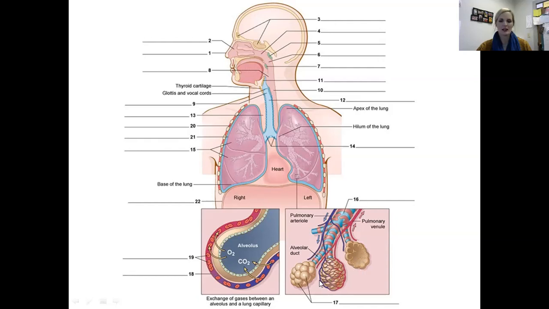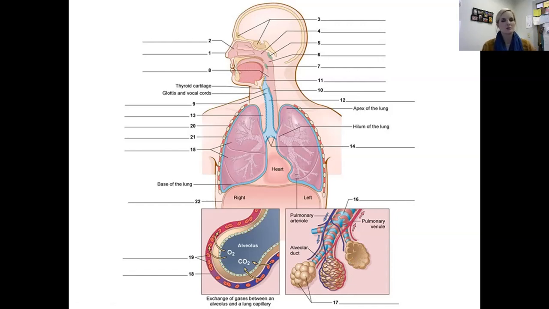Once that air reaches the alveolus, it will push up against the wall of the alveolus, forcing oxygen out of the alveolus and into our capillaries, number 18. It's being picked up by our red blood cells in number 19, and now that oxygen is on its way first to our heart to be pumped through the heart, and then to the rest of our tissues where they can utilize that oxygen to function properly.